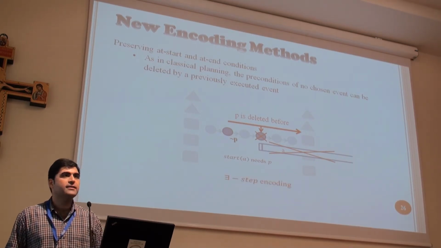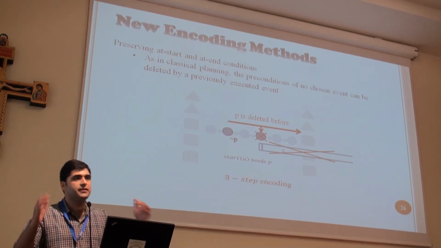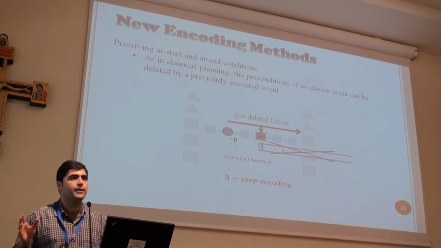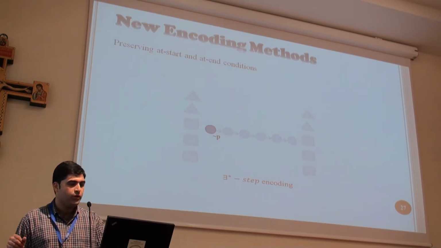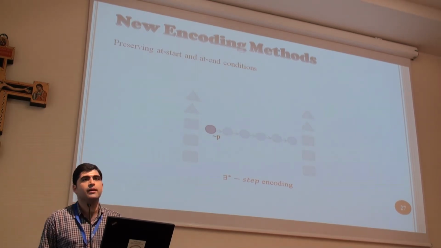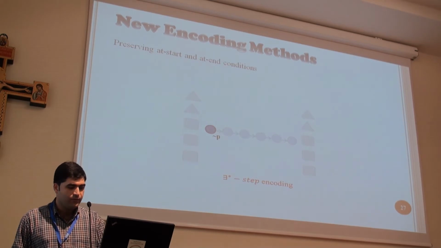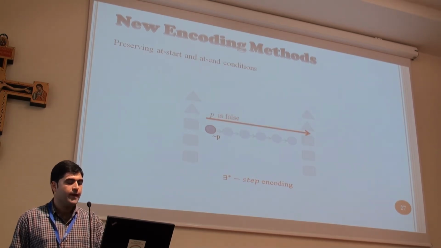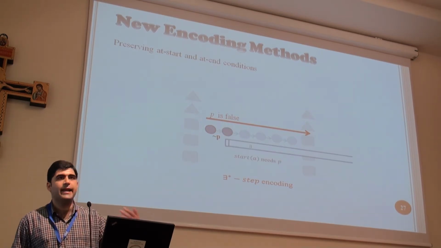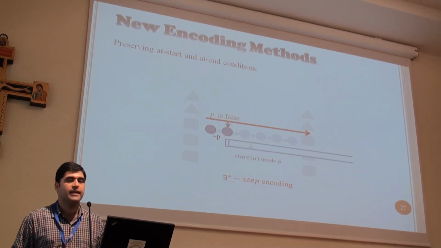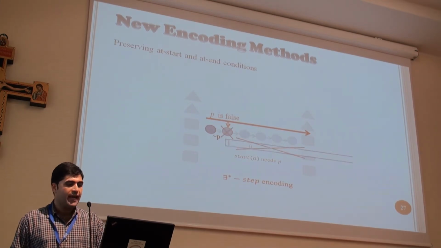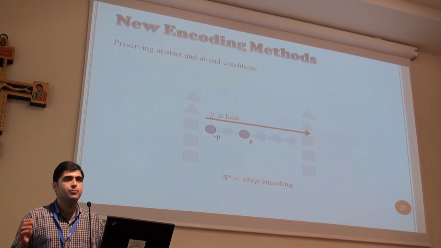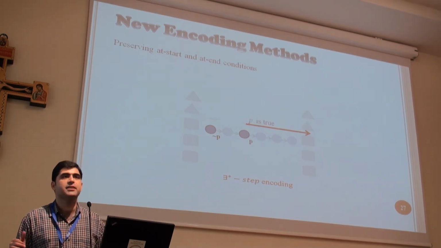And this is a straightforward generalization to the exists-step encoding of classical planning, but we have done more. When some P is deleted, we send a message forward that means that P is false now. And if now an action receives this message, it knows that it cannot be executed. But if later a proposition P is produced, the message is changed.